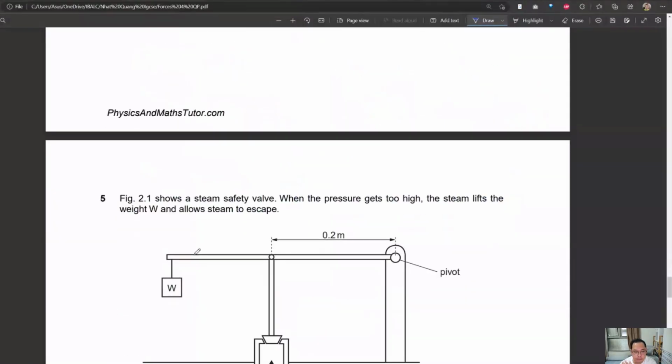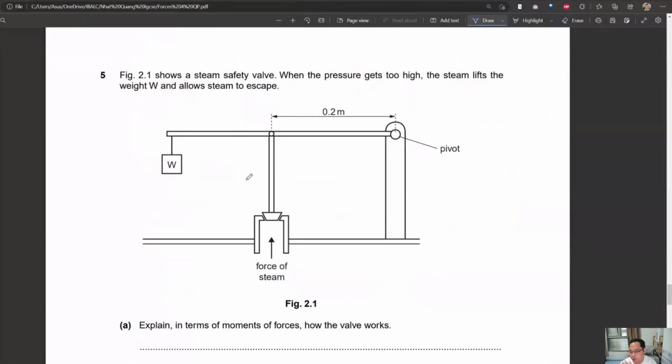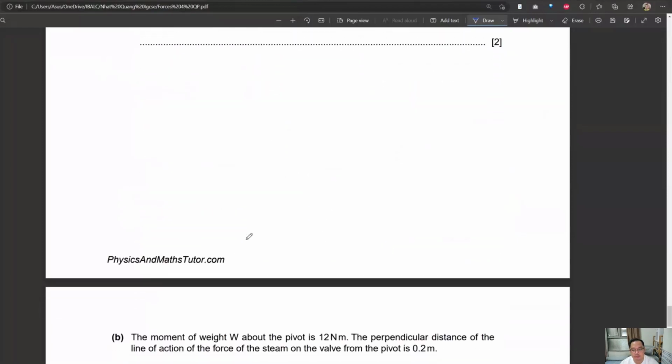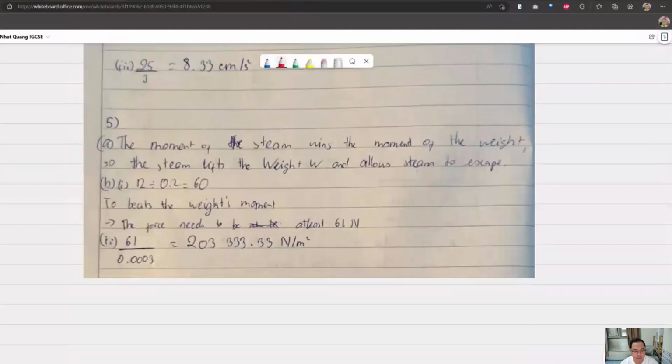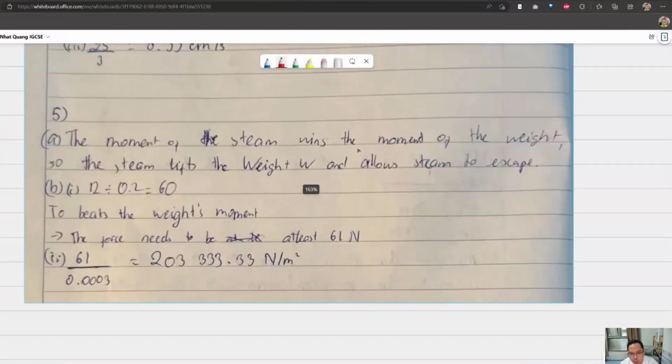Question 5. The weight W, the pivot, the force of the steam. Explain in terms of moments of the forces how the valve works. The moment of the steam, what is this? Winds?